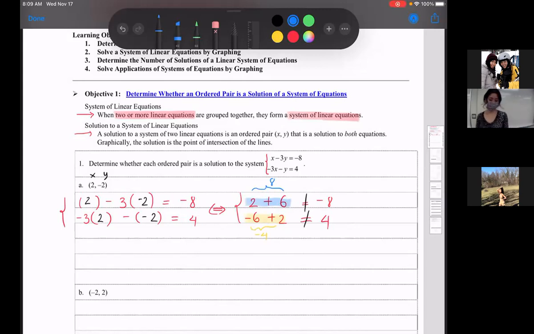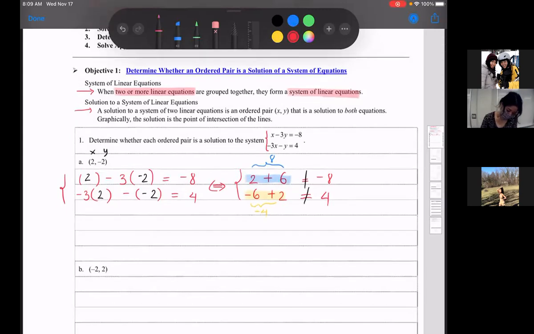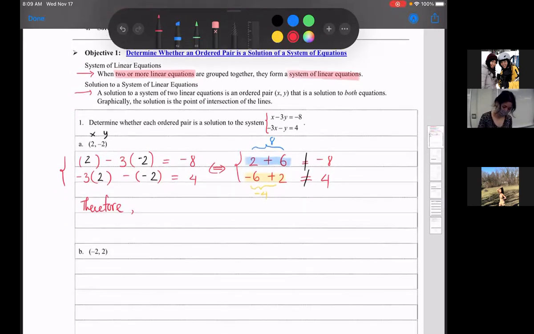So far, so good. Because we say that, therefore, does anyone know the math notation for therefore? It's like this, 3 dots, from a triangle. If you see a professor write like that, it means therefore. You're going to see that a lot in higher math.